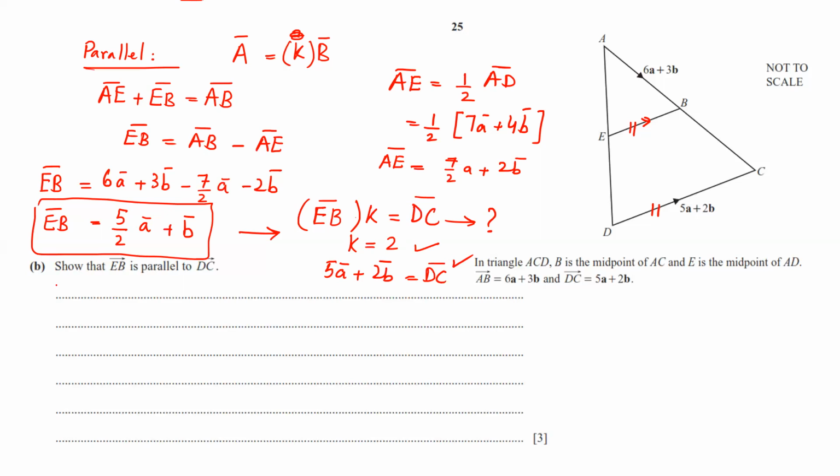So now this is how we can show it. First step: AE vector plus EB vector is equal to AB vector.